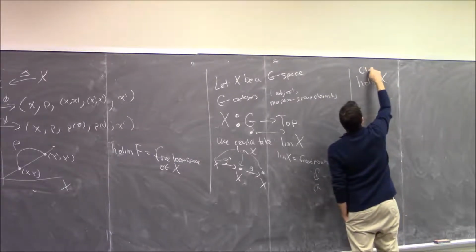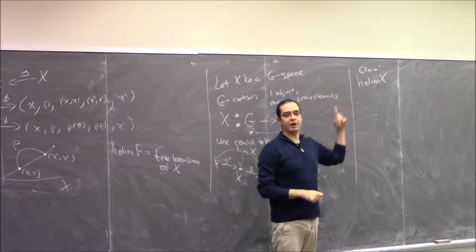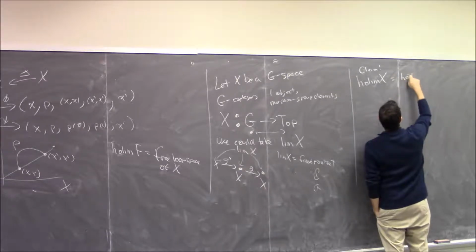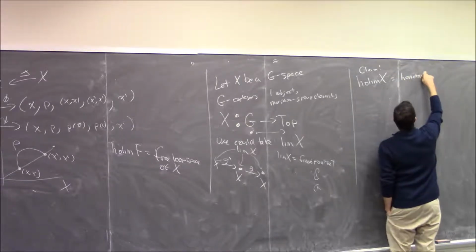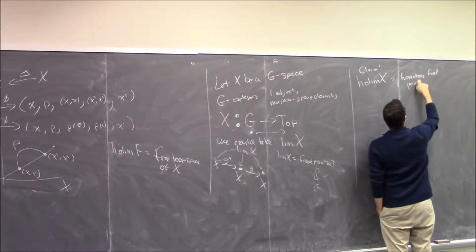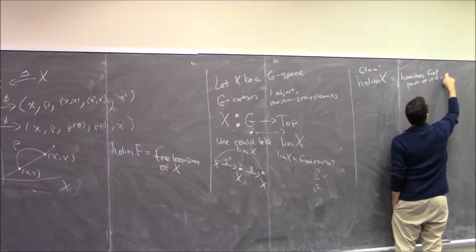Okay, so the claim is that the homotopy limit is the homotopy fixed point set of the G action.